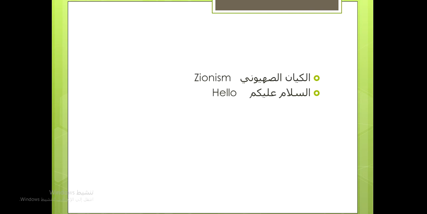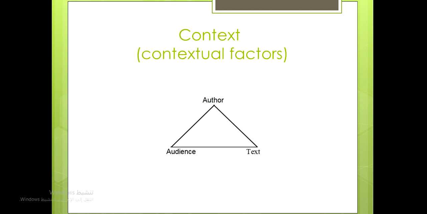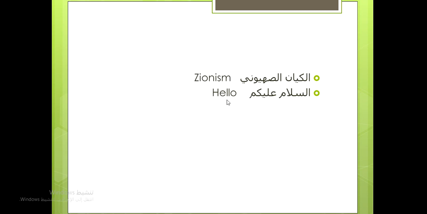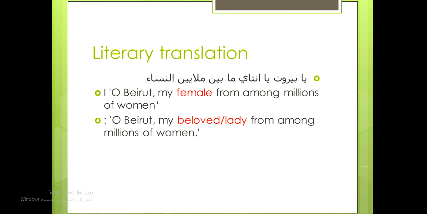And by the way, there could be some manipulation of the text here. Okay, now let's go to another factor, which is the author himself. Let's see this example from literary translation for Nizar Qabbani.